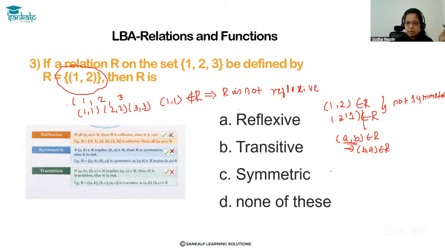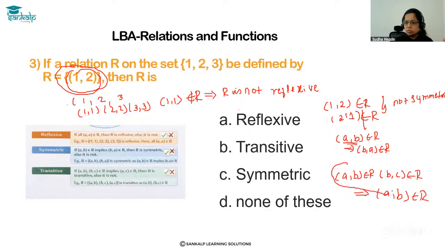Now, for transitive: (a, b) belongs to R, (b, c) belongs to R implies (a, c) belongs to R. Correct? But here we have only one pair, (1, 2) belongs to R. We don't have any other pair.